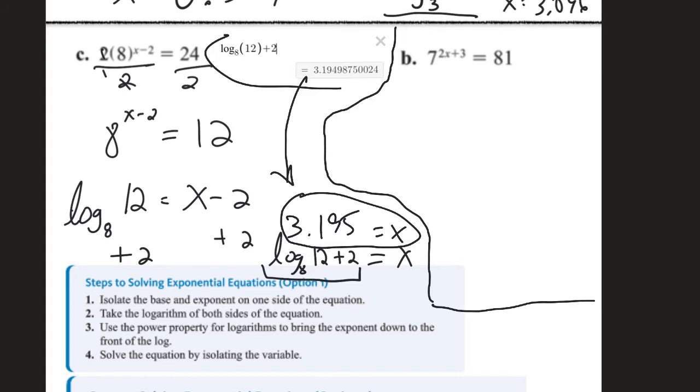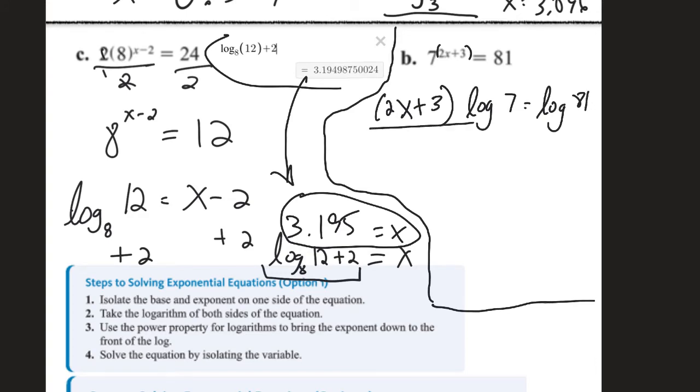What if I go ahead and take the log of both sides? So I know I've been putting things in log form over and over again, but this time I'm just going to take the log of both sides. Remember, if I do that, I can bring the exponent out front, which is (2x plus 3) times log of 7 equals log of 81. And then I'm going to divide both sides by the log of 7.